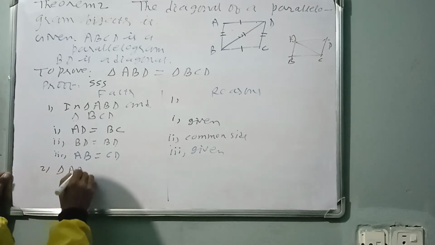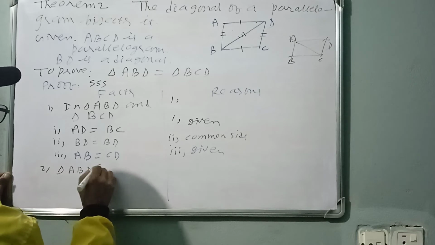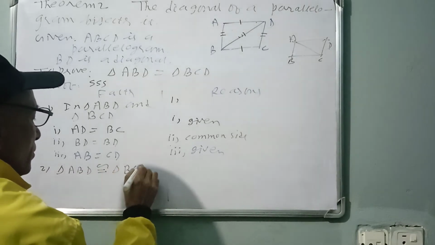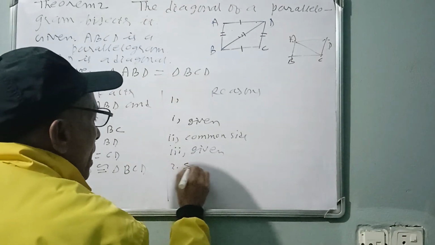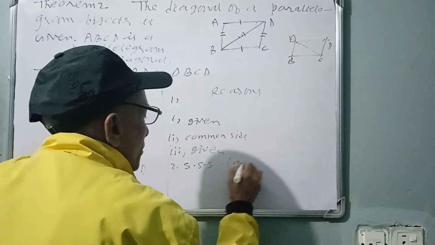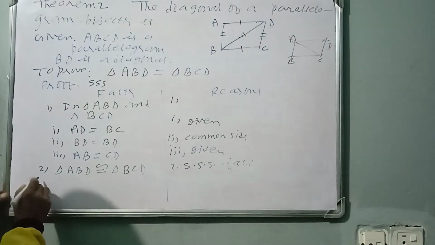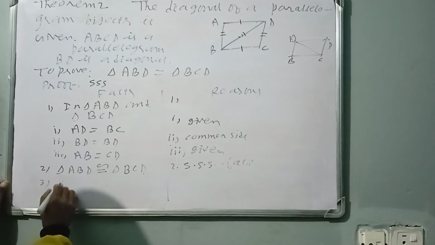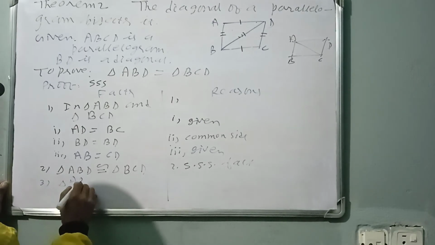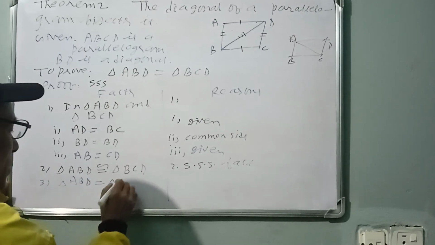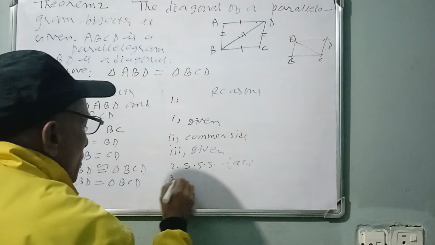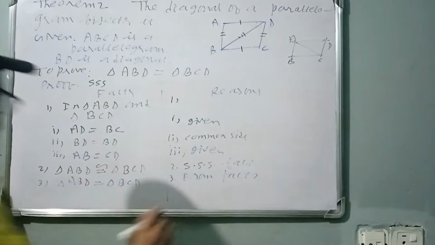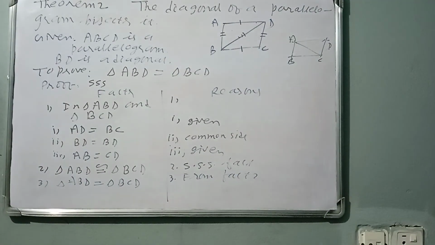Now triangle ABD is congruent to triangle BCD. If two triangles are congruent, their areas are also equal. Triangle ABD is equal to triangle BCD. Why? From fact 2, triangle ABD equals triangle BCD.